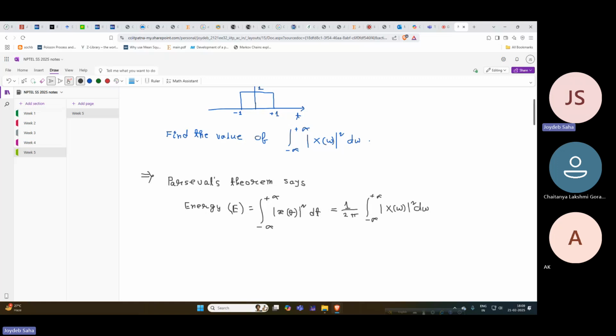Now look into this. We have to calculate the integral from minus infinity to plus infinity of |X(omega)| whole squared d omega. So can we convert it in time domain? Yes, using Parseval's theorem. What will it be?